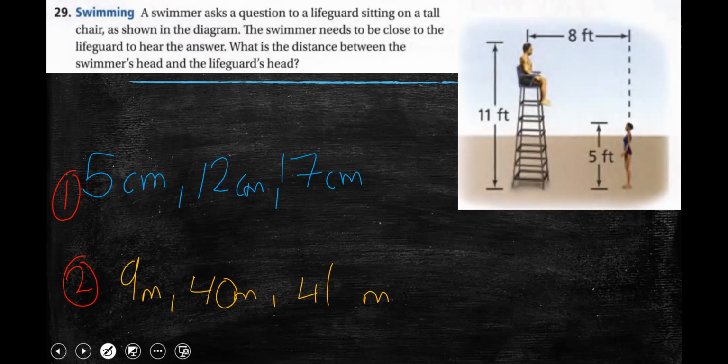Teacher, I'm done. Which one is the right? The second one. Yeah, waiting for the others. There is 8 and 5 and 11, the legs are 8 and 5, and they're asking for the hypotenuse.